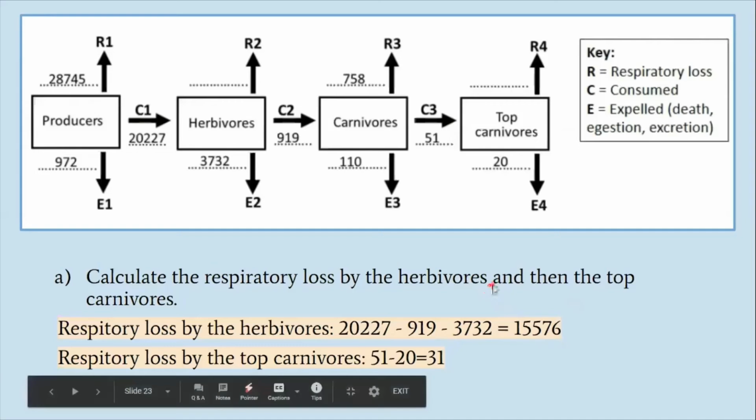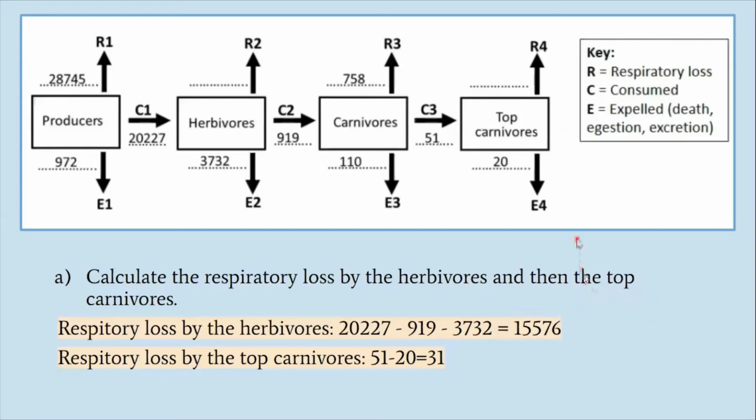Next, we will need to find the respiratory loss for the top carnivores, which is R4. The energy being consumed by the top carnivore is 51 units of energy.